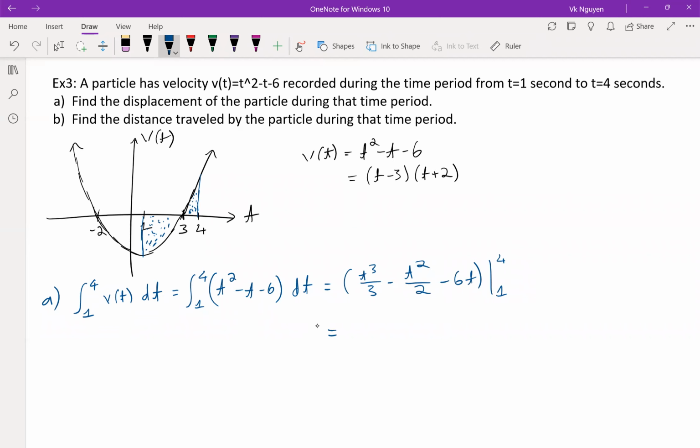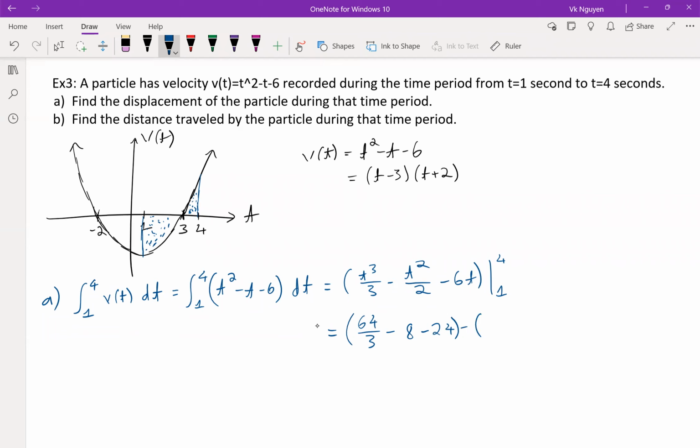So we have 4 to the power 3, 64 over 3, minus 4 squared, 16 divided by 2 is 8, minus 6 times 4 is 24.